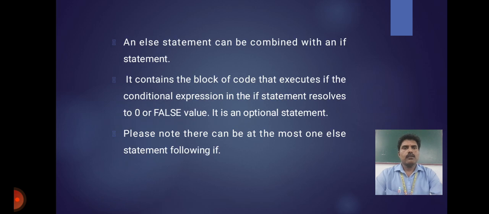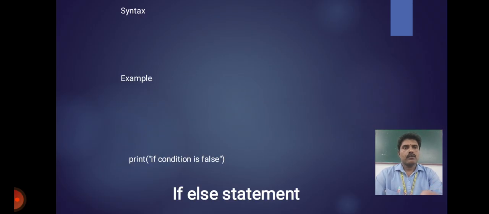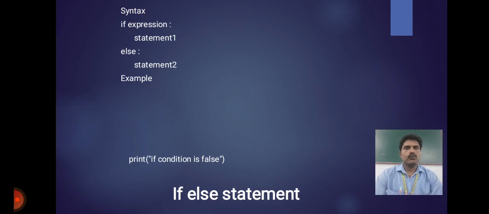Similarly, we use an else statement. It is used for the false case. It contains the block of code executed when the conditional expression is false. So this is the syntax: if expression, statement 1, else statement 2.